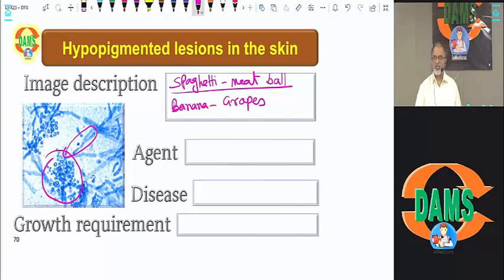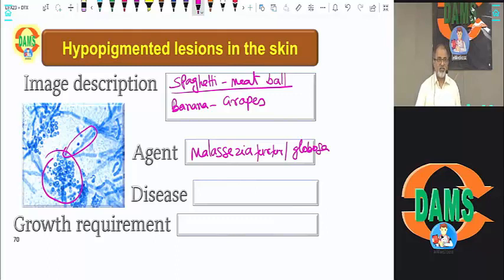What agent does it cause? Malassezia furfur or Malassezia globosa. What disease?